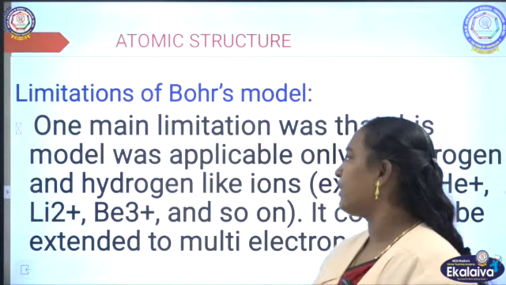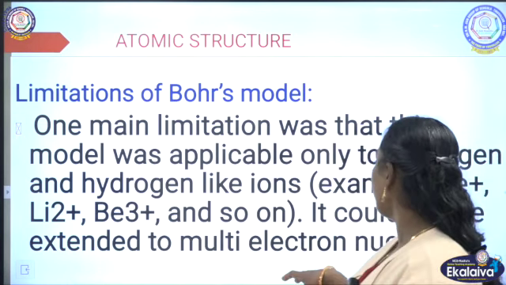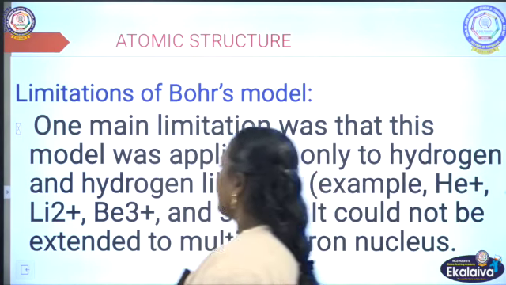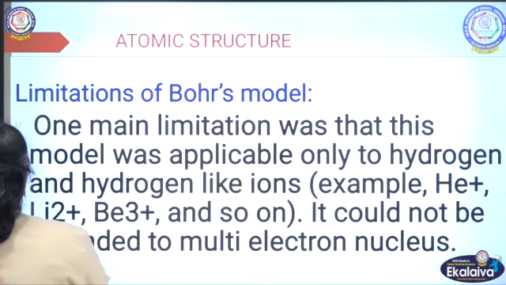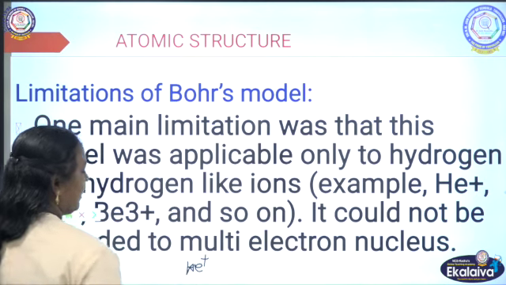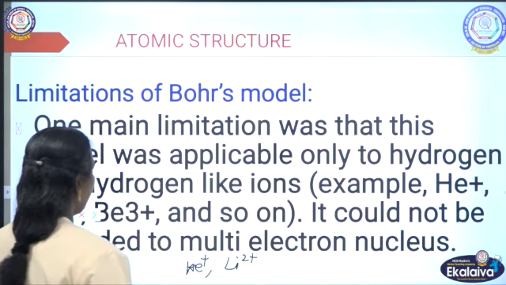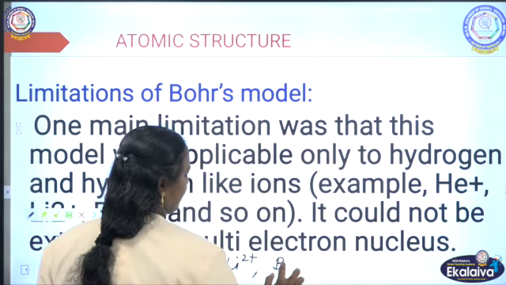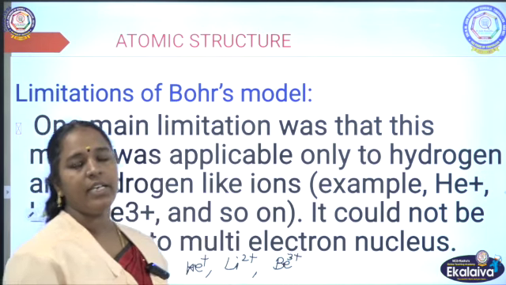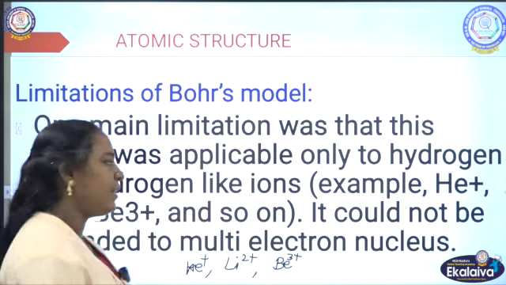Limitations of Bohr's model. One main limitation was that the model is applicable only to hydrogen and hydrogen-like ions, for example helium, lithium, beryllium ions. For other elements or atoms, this is not applicable.